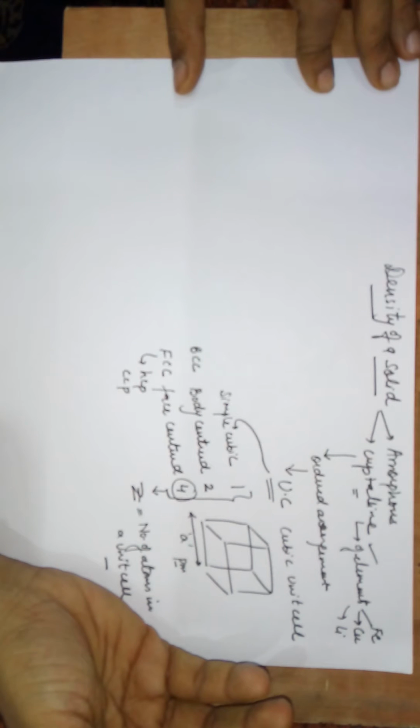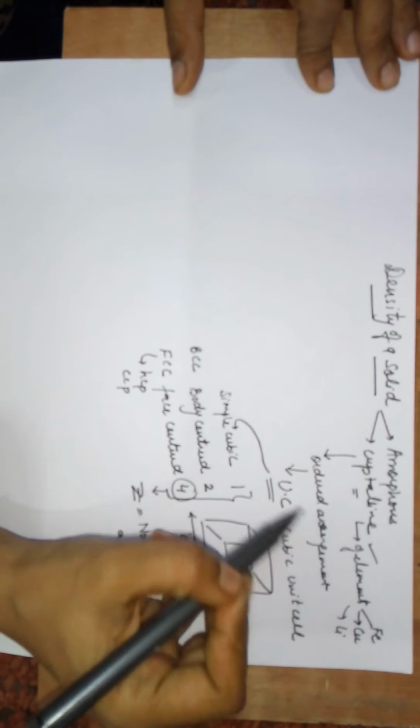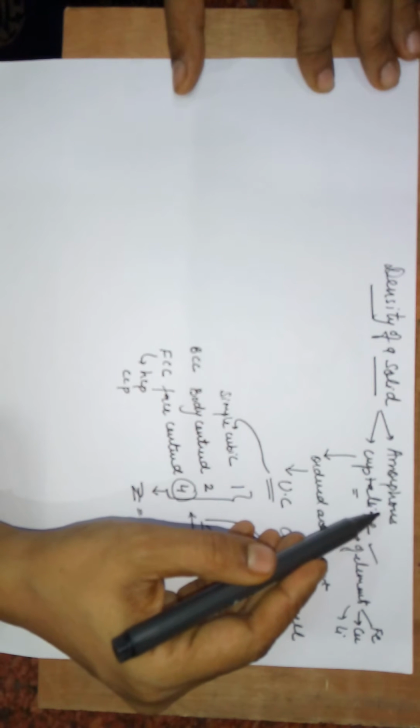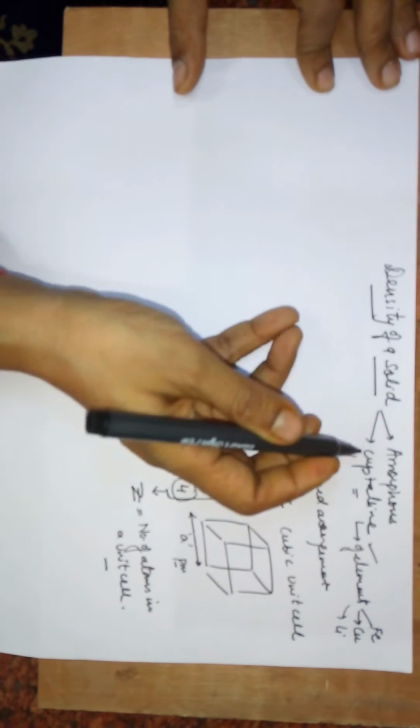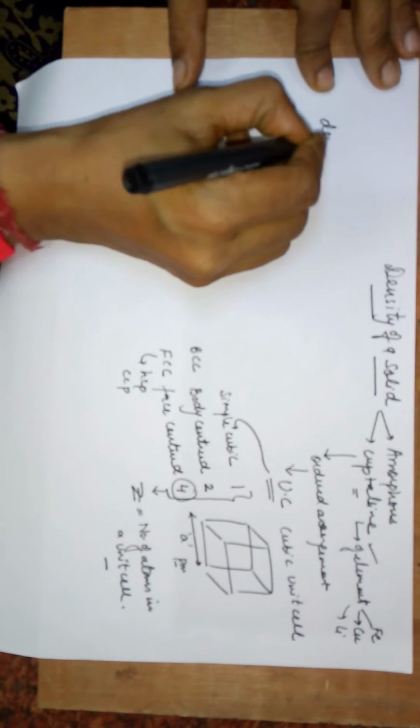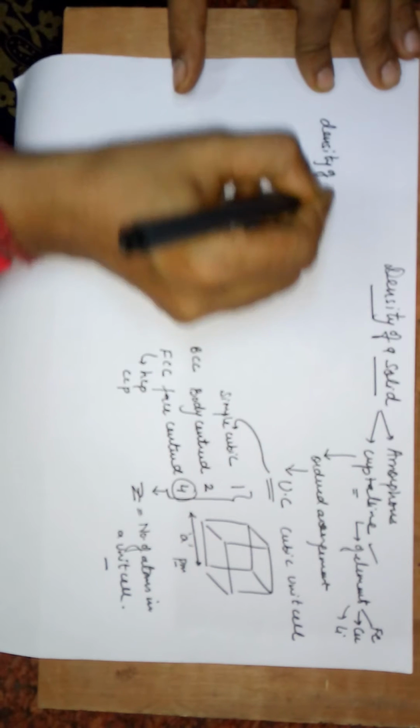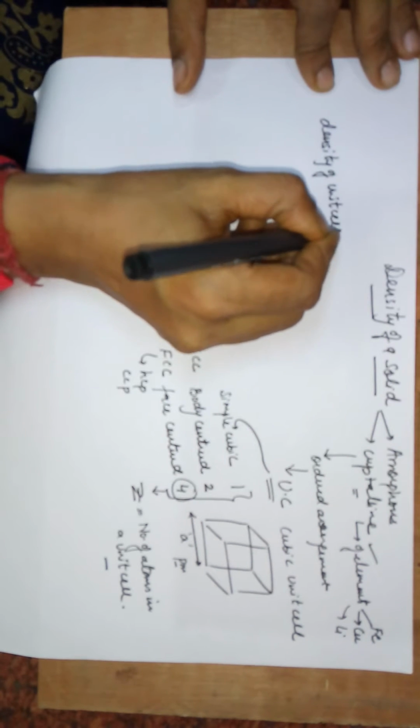On that fact, we conclude that if you know the density of the unit cell, which is the building block of the crystalline solid, the density of the solid is the same. So when we talk about the density of a crystalline solid, we actually talk about density of the unit cell.